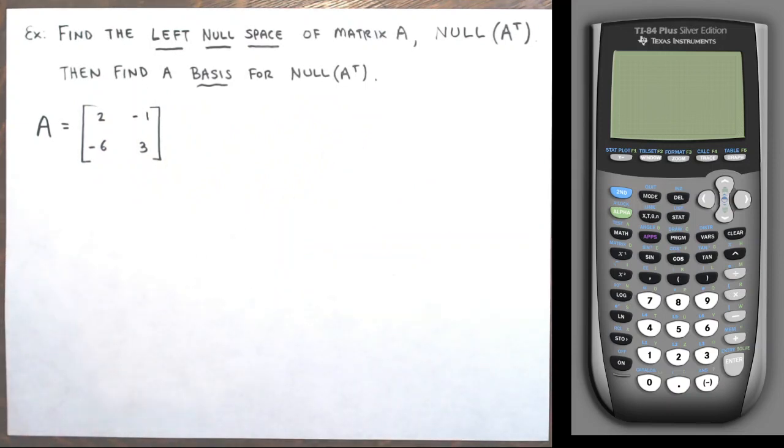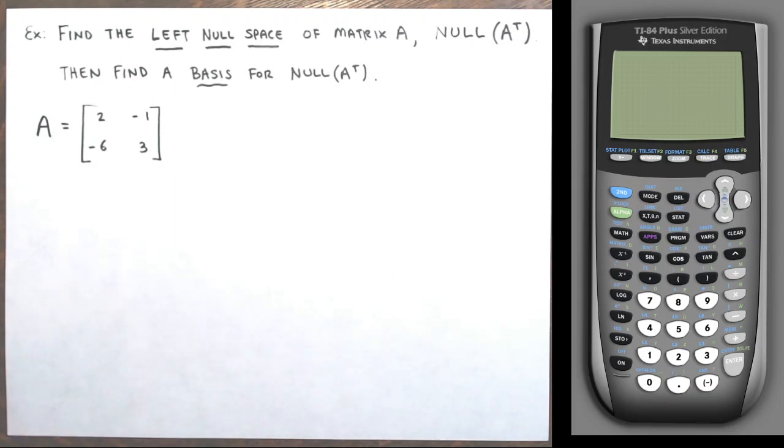And the way I'm finding a basis for the null space of A transpose is exactly the same way I found bases for the null space of a plain old matrix, not the transpose. I did that a couple videos ago. Again, if you've been watching, there was a video on finding a basis for the null space of a matrix. If you'd like to go back and watch that, or find somebody else who has a video on it, or read about it, whatever.